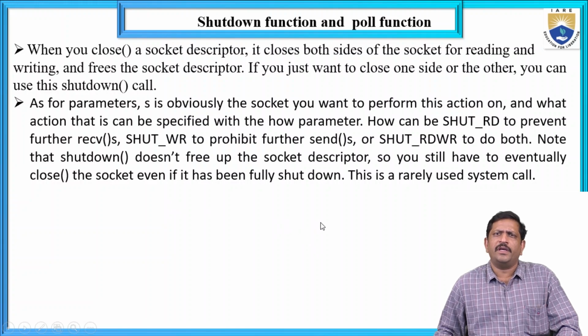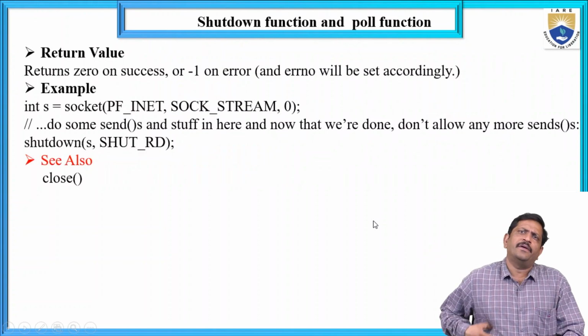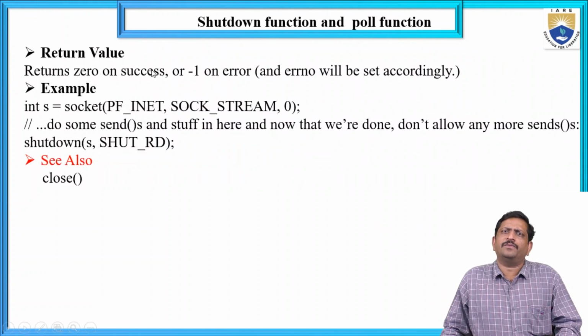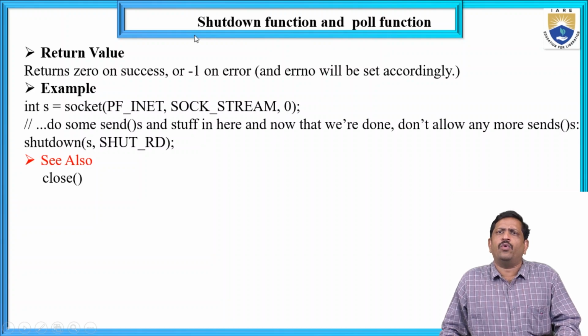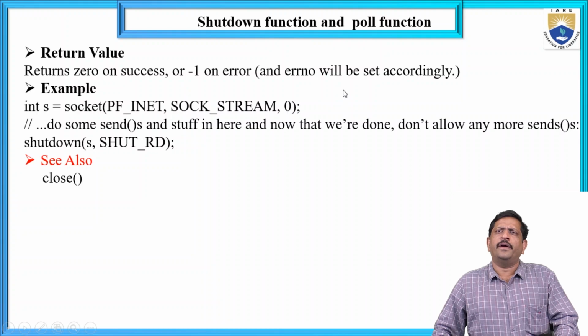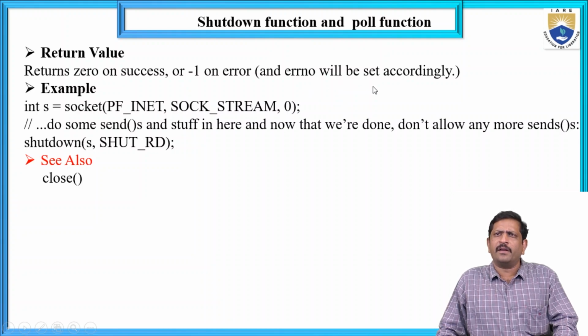You still have to eventually close the socket, at the primary device or at the client side, after it has been successfully shut down. So this is a rarely used system call. And if you see the return value, it returns 0 on success or -1 on error, and errno will be set accordingly.